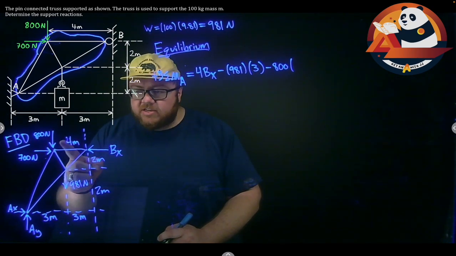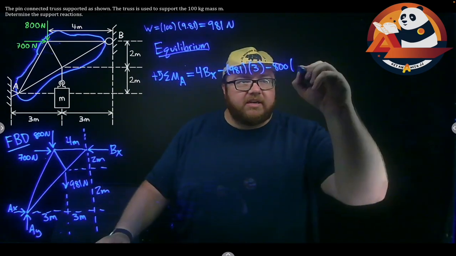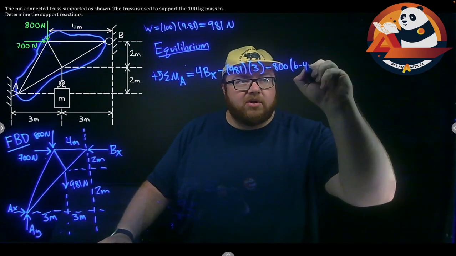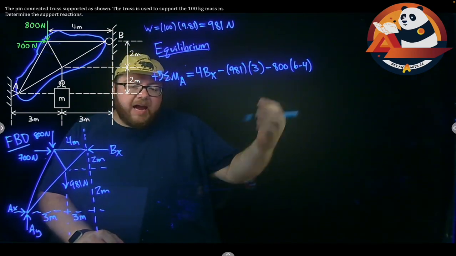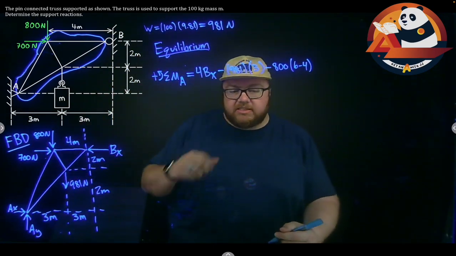From B back to 800 is 4 meters. So the difference in there, 6 minus 4, or just 2, is my perpendicular distance. We really have that distance, it's just not directly given to us.